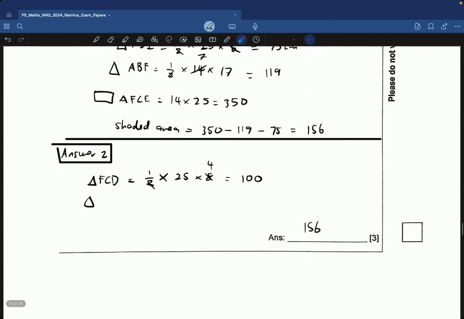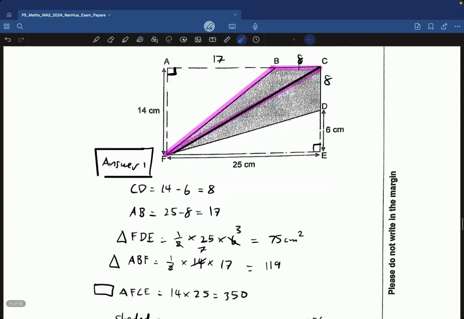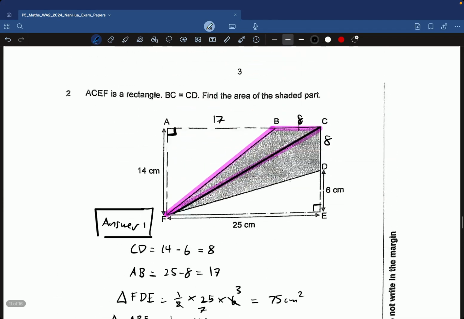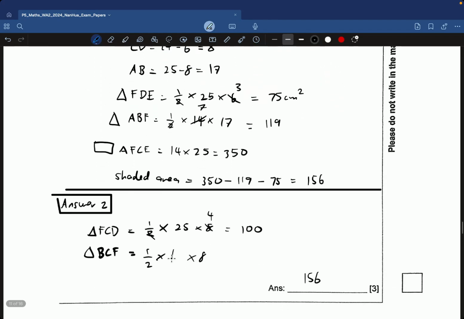So BCF is equal to half times 8, that's the base. The height is 14 centimeters. So we put 14, cancel this, 7 times 8. This will be 56.